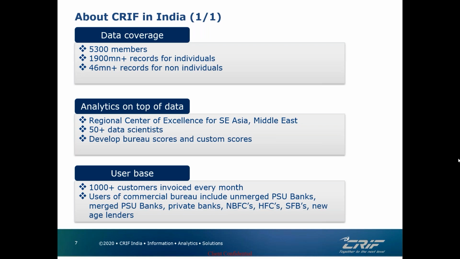For a facility that is currently being serviced, these 24 months will be from the date of last reporting of that facility. For a facility that is closed, it will be 24 months backwards from the date of closure. I have tried to answer the question based on what I understood. If you have a follow-up, please post it on the chat window and I'll take that follow-up.